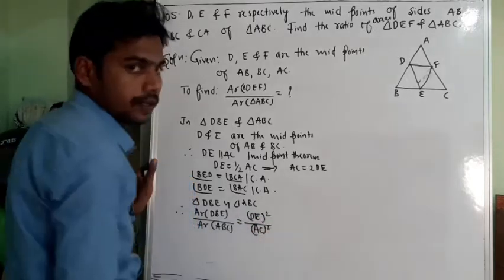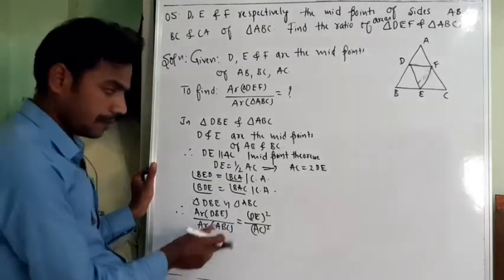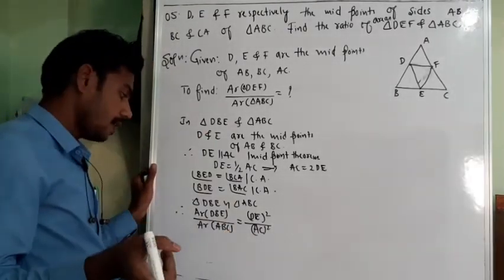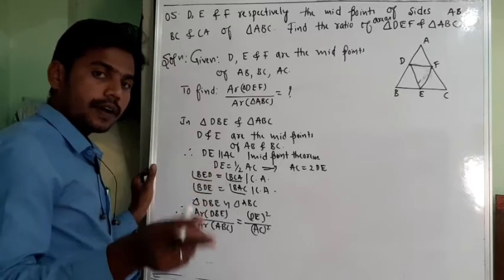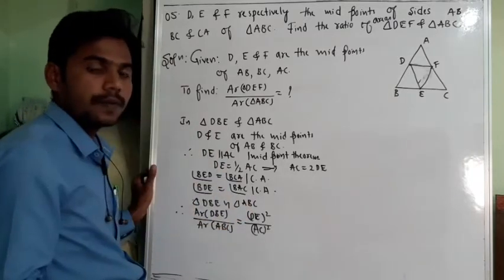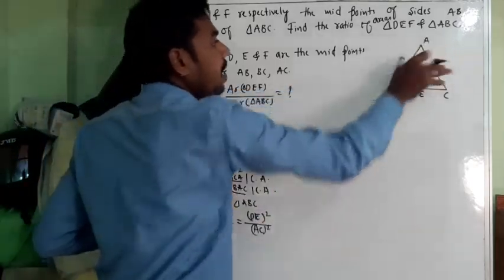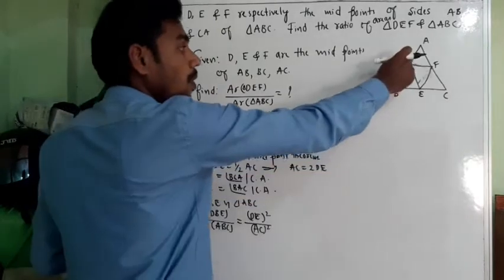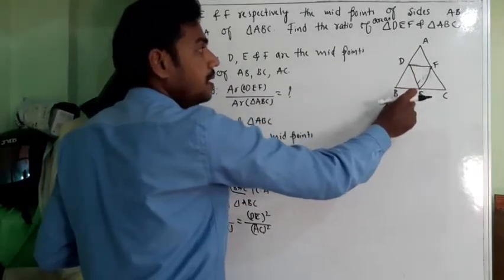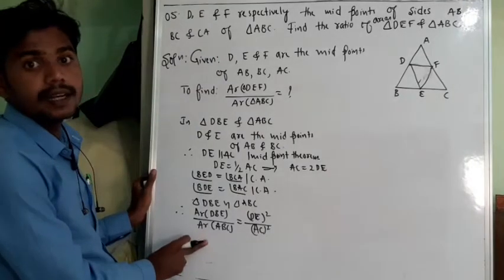This is one of the theorems we have recently studied. Two triangles are similar, then the ratio of areas of similar triangles is equal to the square of the ratio of their corresponding sides. DE and AC are corresponding sides because we proved triangle DBE is similar to triangle ABC. Because of that I can write this relation.